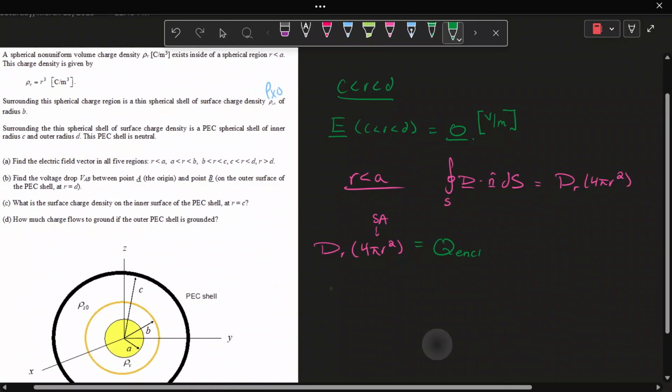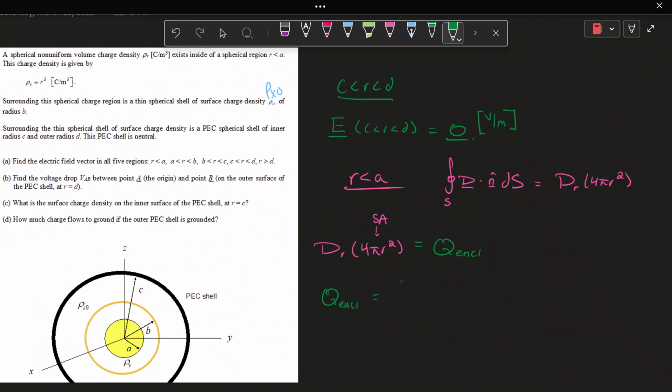So Q enclosed will always be equal to the contour, surface, or volumetric integral of your linear, surface or volumetric charge density with respect to the linear, surface or volume element. This will always be true, so you can use this equation every single time.